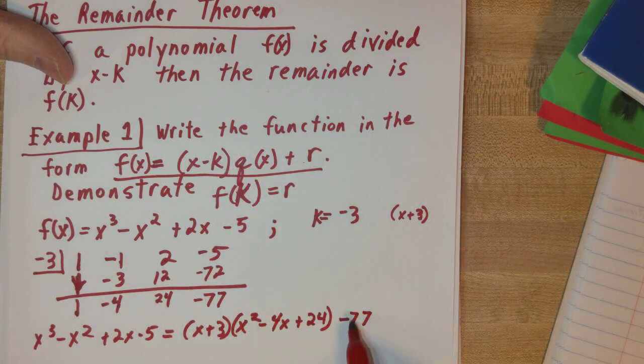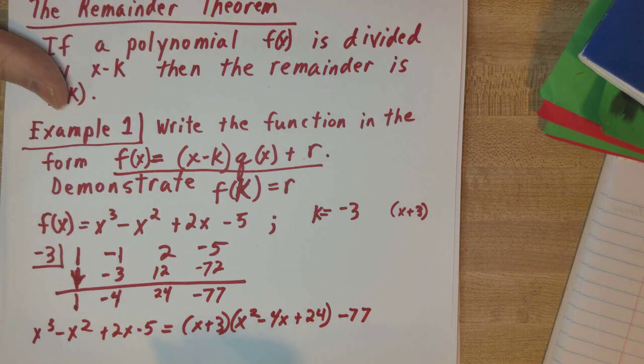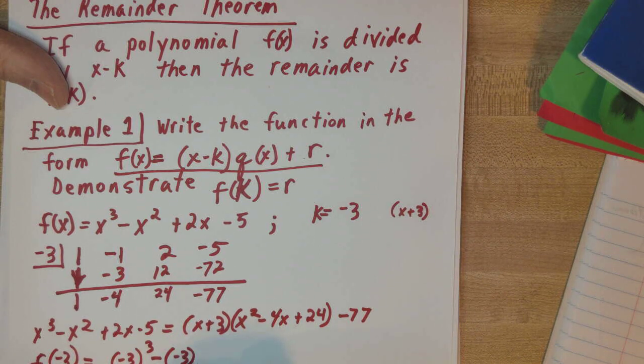Now plus negative 77, if you prefer. Okay, I'm curious to make sure f of negative 3 is actually negative 77. So I'm going to take negative 3 to the third minus negative 3 to the second plus 2 times negative 3 and then minus 5.